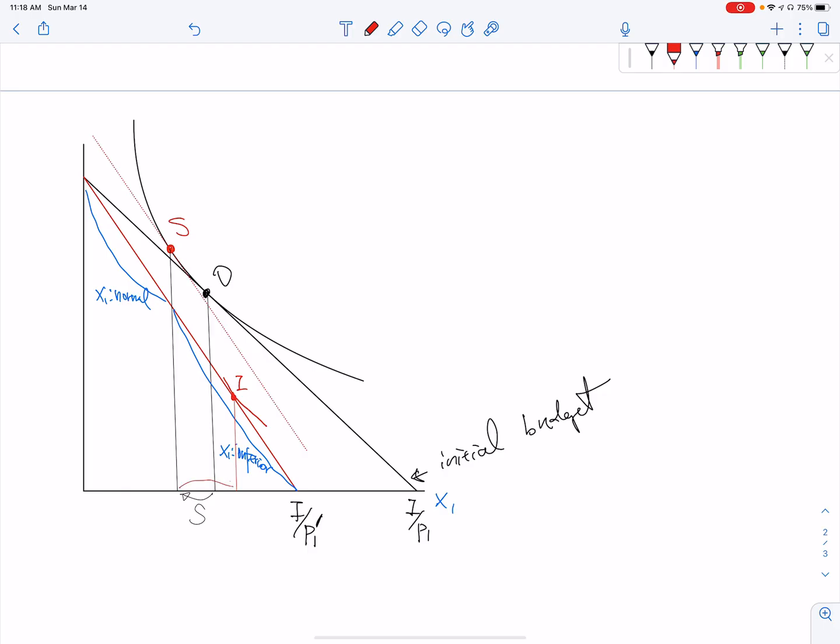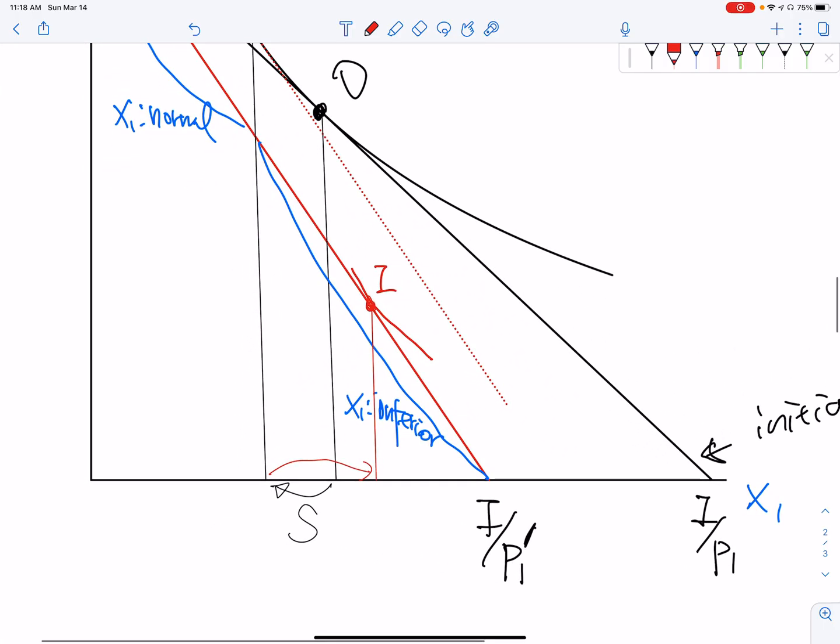So the income effect is the opposite of the substitution effect, and the size of the income effect is larger than the substitution effect. So it not only cancels out all the substitution effect, it actually moves the consumption larger. So the total effect will be this one, which is substitution effect plus income effect.